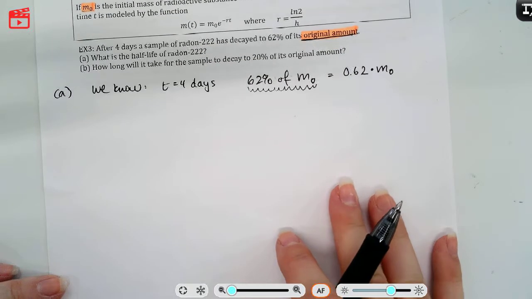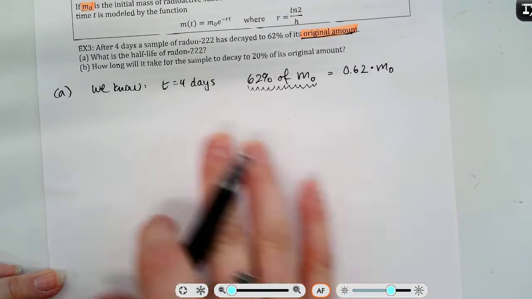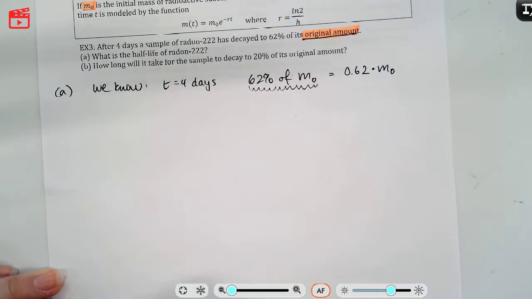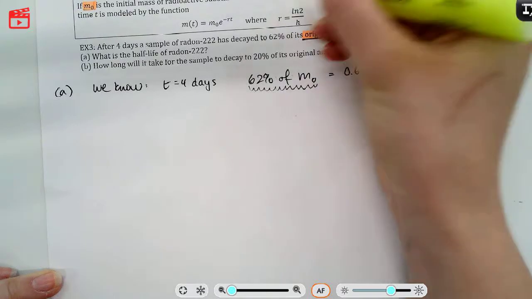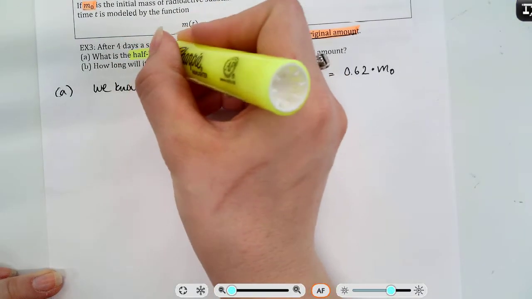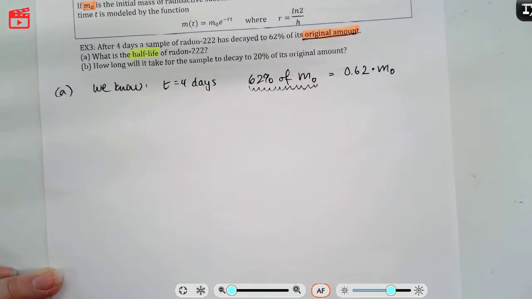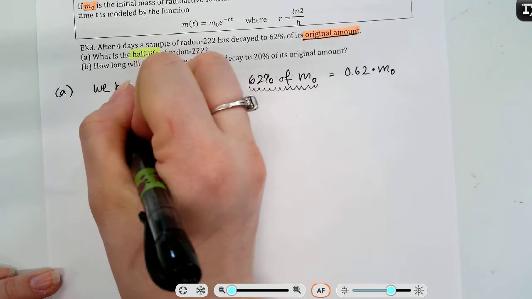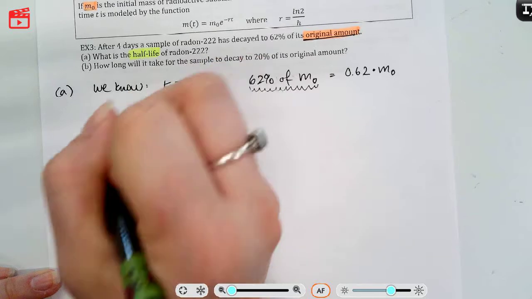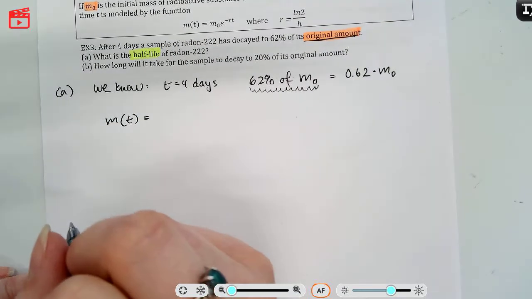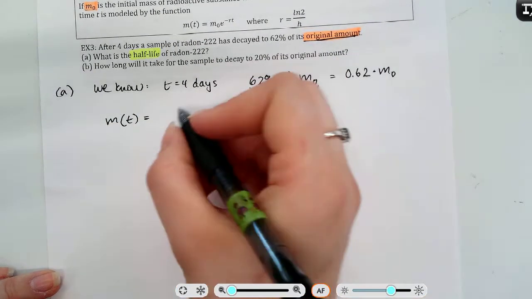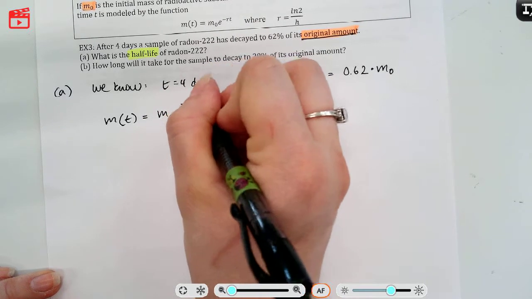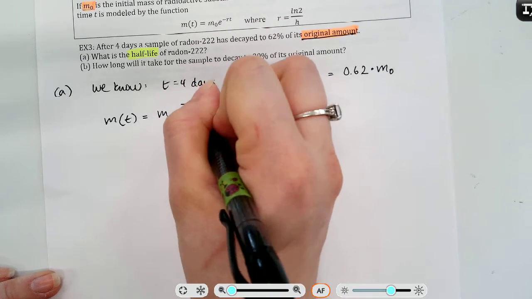All right. So we know this information, and what are we trying to find? We're trying to find the half-life, h. Starting with our original function, we know that m of t is going to equal m0 e to the negative r times our time, which is 4.